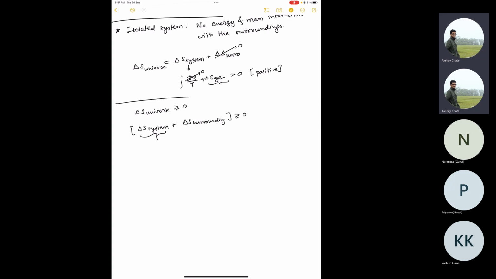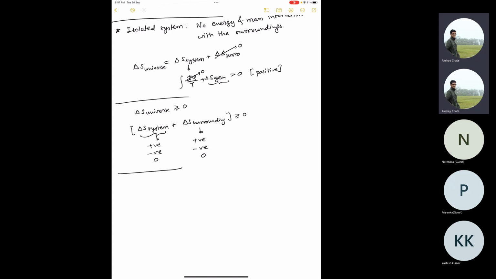But this can be positive, negative, or 0, and this also can be positive, negative, or 0. It's just that their sum has to be greater than or equal to 0. So many a times they'll say delta S of system has to be greater than 0. So just keep in mind the language of the question.